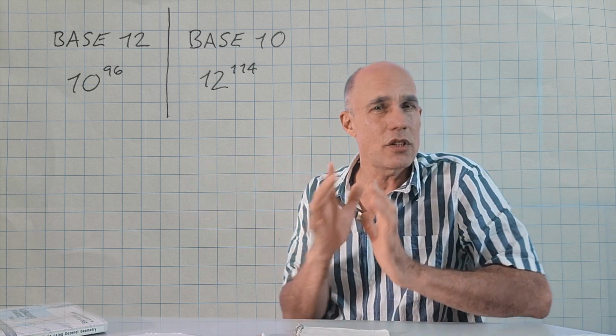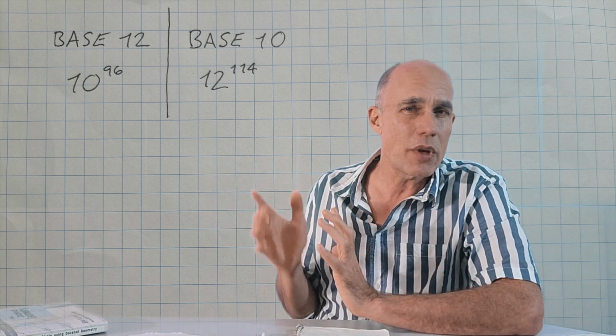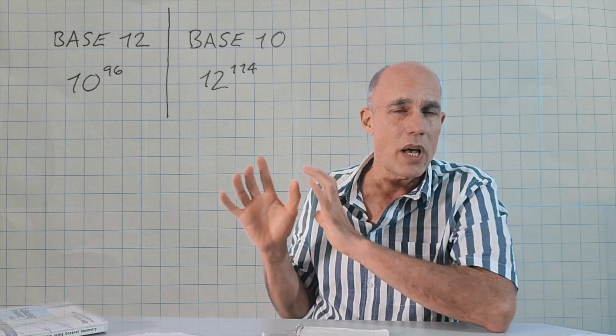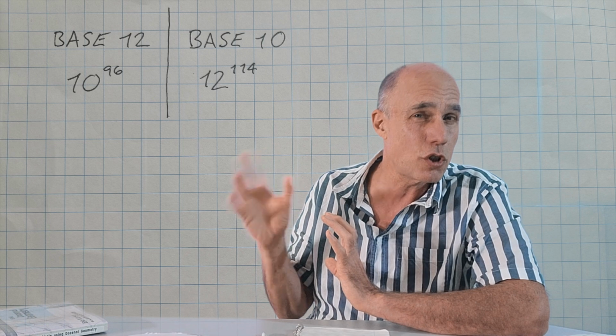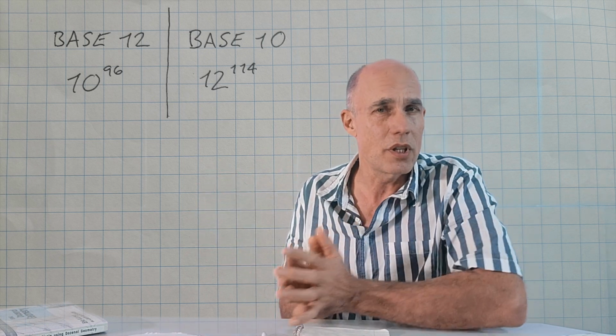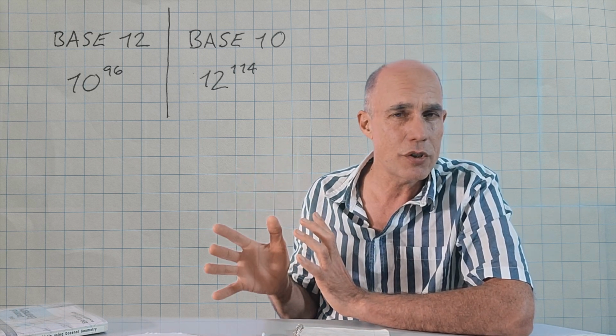So in base 10, that's actually 12 to the 114th. That's a number larger than a googol, which is 10 to the 100. We have that many points, actually times 2, because that's in 12s and the rings are in 24s. So that's a lot of individual points around the circumference of a circle.